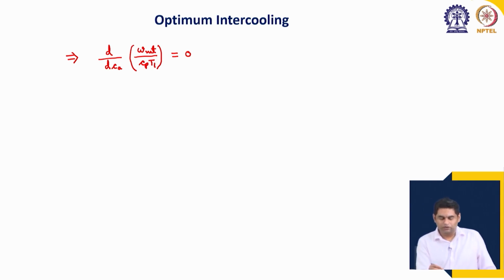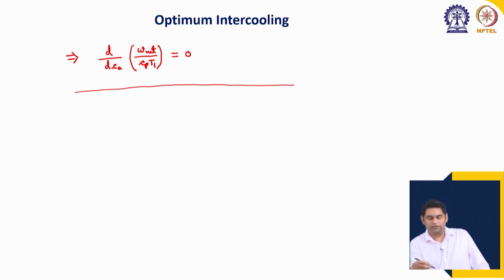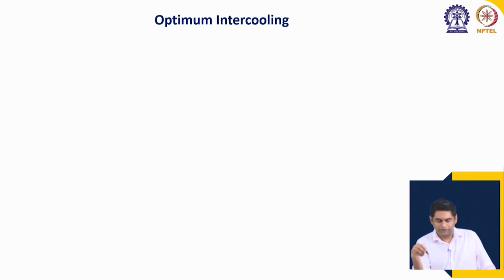Okay. So, I think we will stop here today, because we are running out of time in today's lecture, and we will continue finding this optimum value. So, optimum intercooling we will find in the next lecture, and then we will solve a problem to see how to do calculations for this type of cycles. Okay.